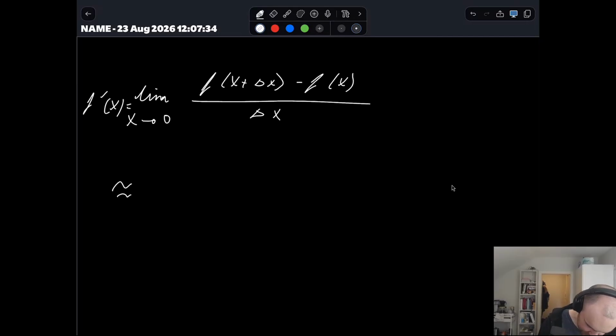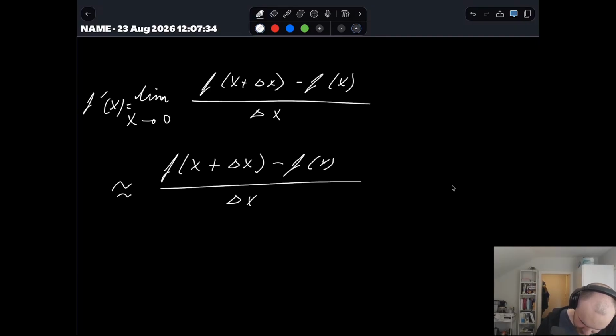But it's also approximately the same thing if you just make that delta x pretty small. So we can just use this here. Right, and of course you do that with partials, so one of the components will stand still, right?